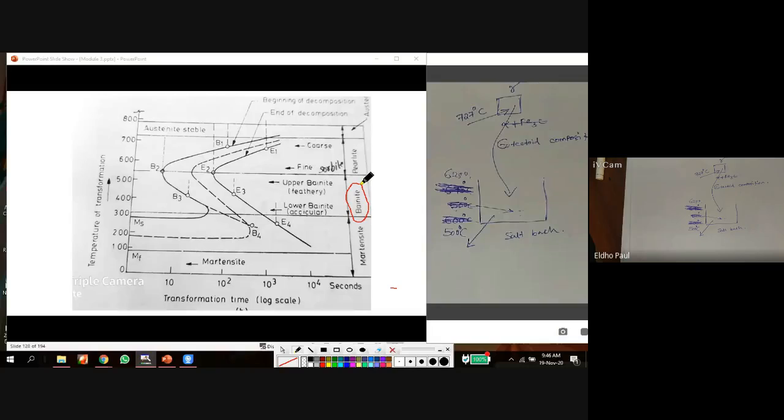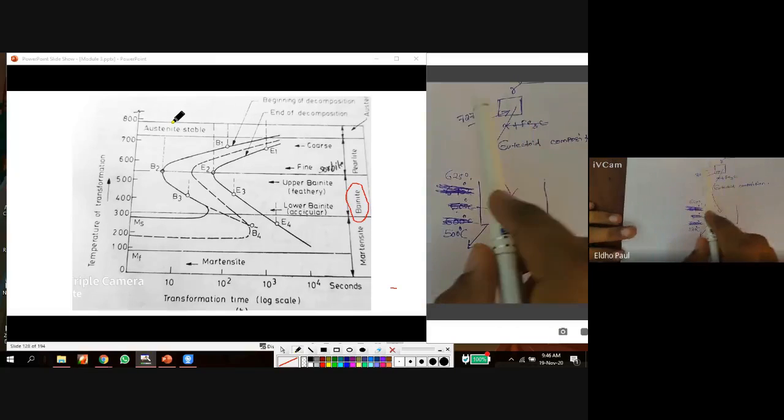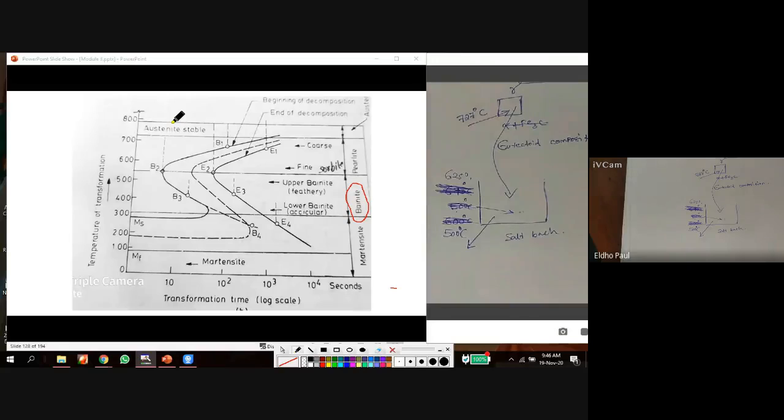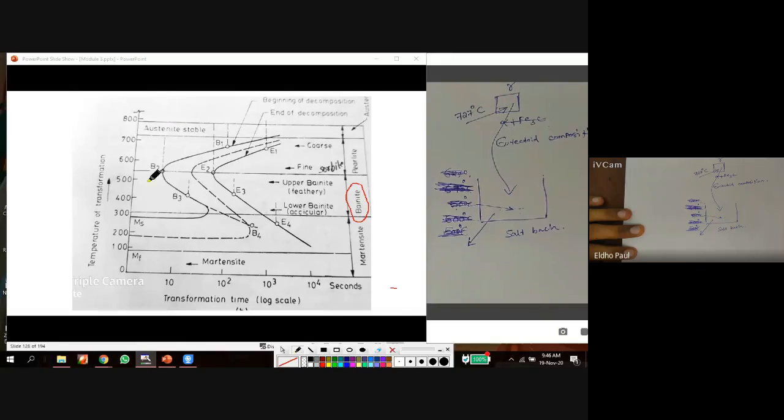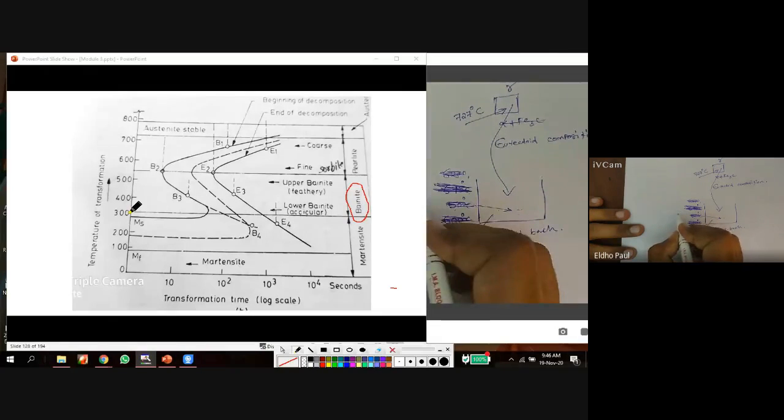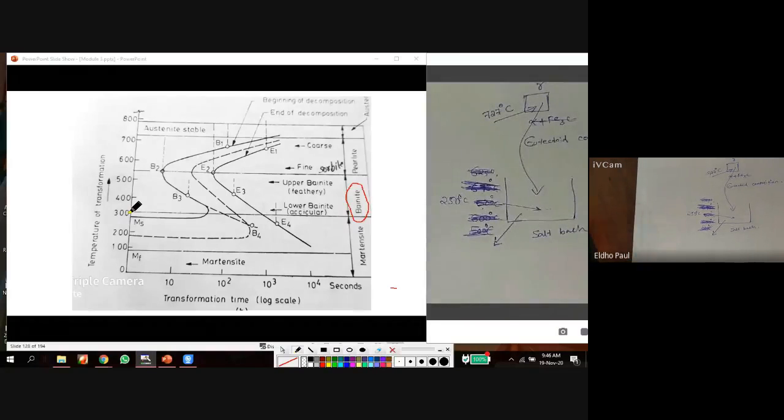And for the formation of bainite, what do I do? I cool the sample from 727 degrees Celsius to a temperature between 550 and around 300. For example, if I cool to, sorry, not 250, 350 degrees Celsius, the salt bath temperature is 350 degrees Celsius.